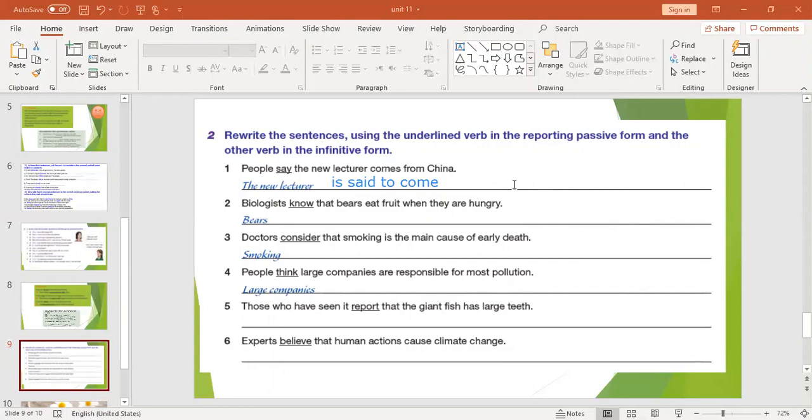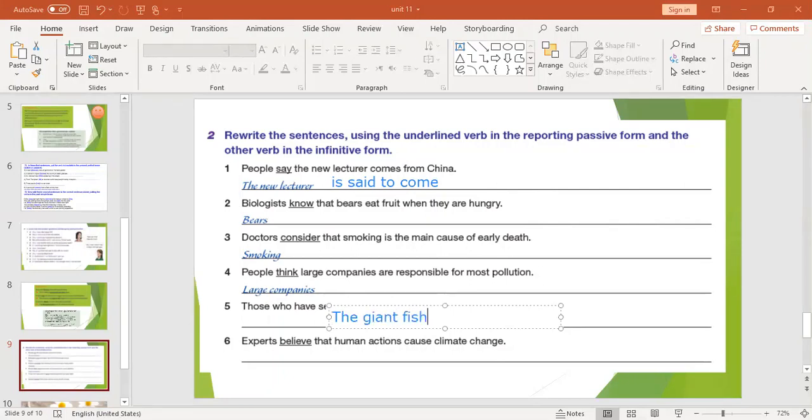Those who have seen it report that the giant fish has large teeth.